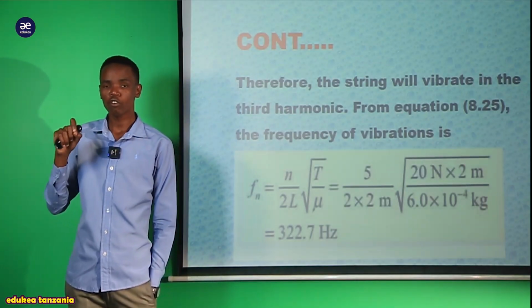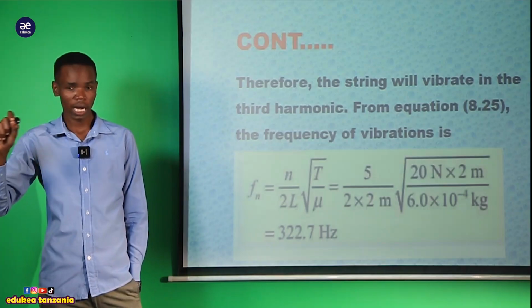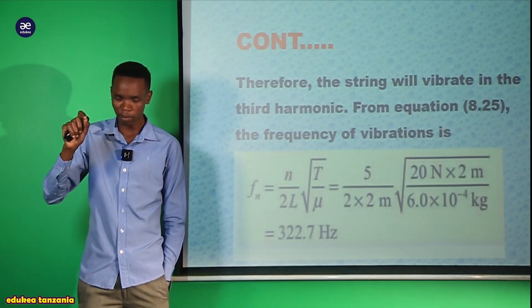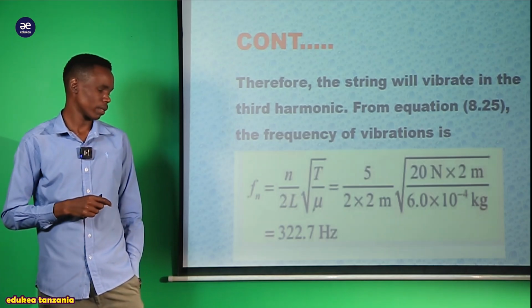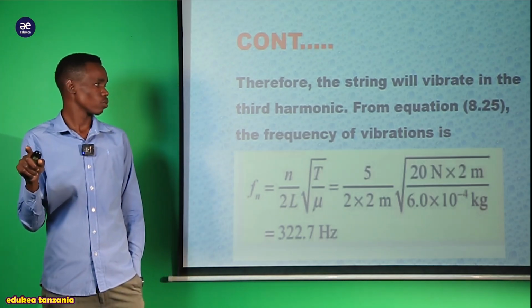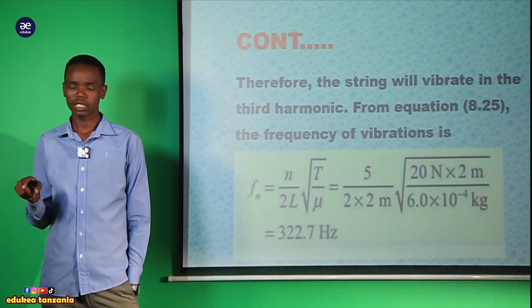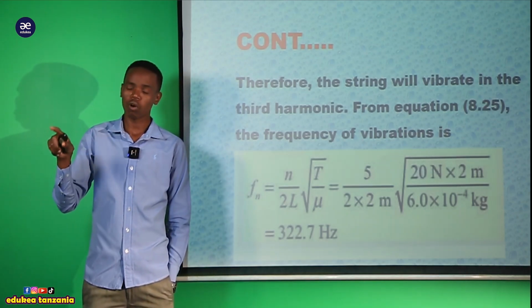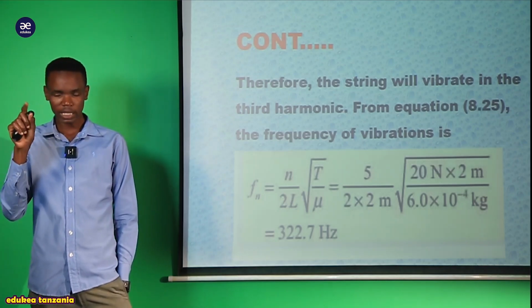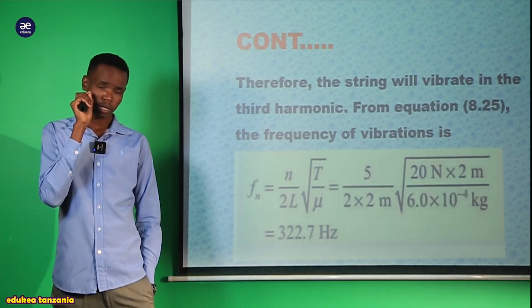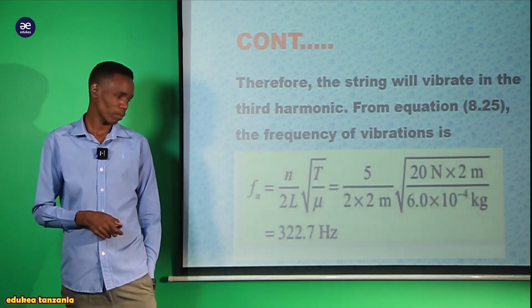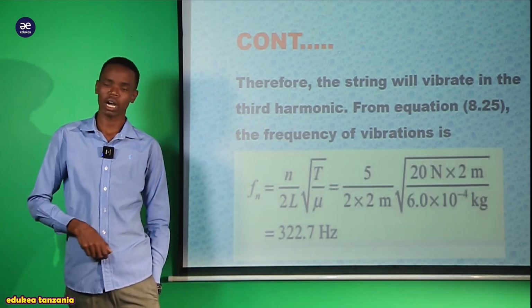Now we take the formula for the third harmonic, the formula for finding frequency, which we know: the frequency of the nth harmonic is equal to n divided by 2L times the square root of the tension divided by mu. But here we are talking about the third harmonic, where the number of harmonic is equal to 5, so where there is n we put 5.